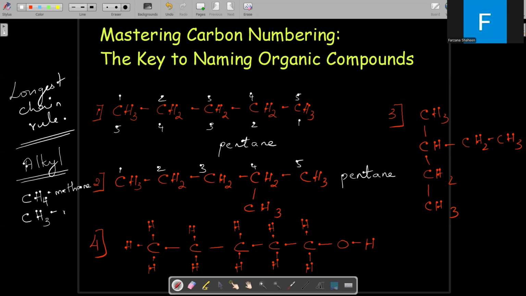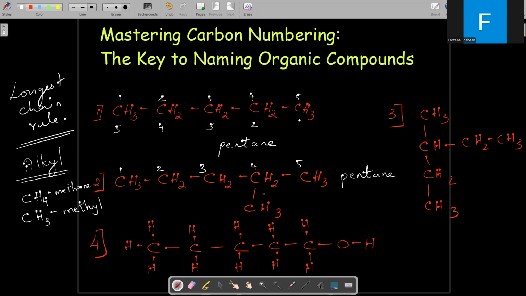So the name will change to methyl. The same thing happens to any other hydrocarbon where a hydrogen is dropped and it gets converted into the alkyl group. For example, ethane becomes ethyl if it drops a hydrogen. So here we have the alkyl group attached to it.